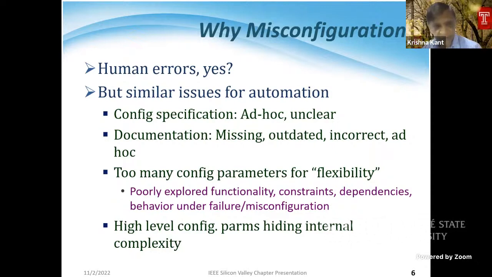Typically, these high-level parameters might have only a few values, like true or false. But that doesn't really solve the problem, because underneath, these high-level parameters set a whole bunch of parameters. And if the function and the interaction among all of these parameters is not well understood, then once again, there is a problem.